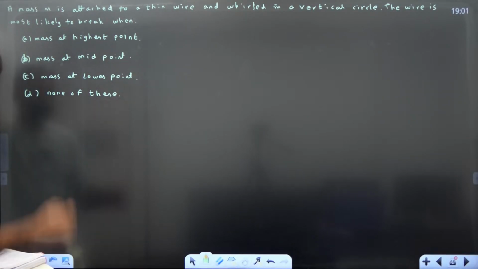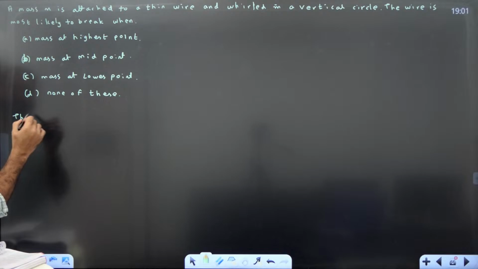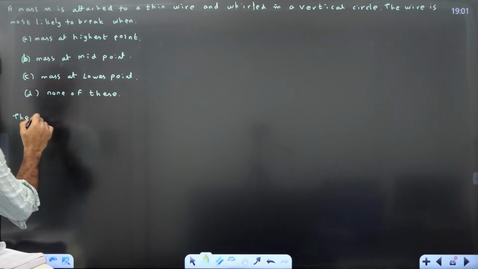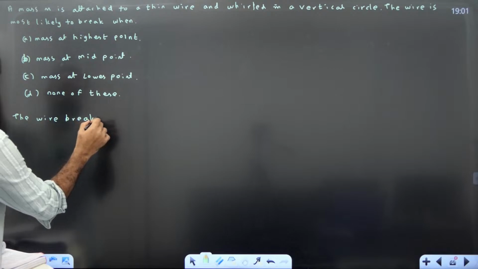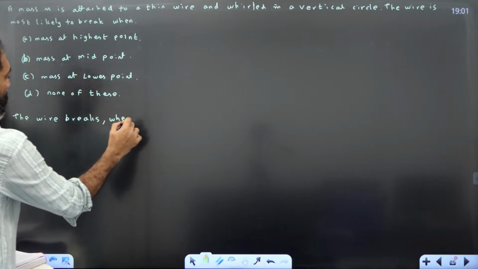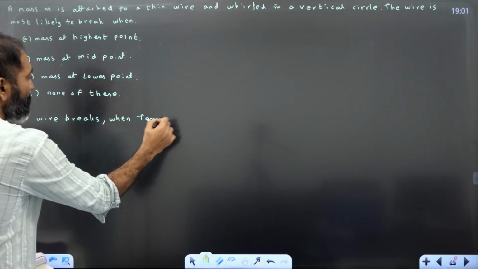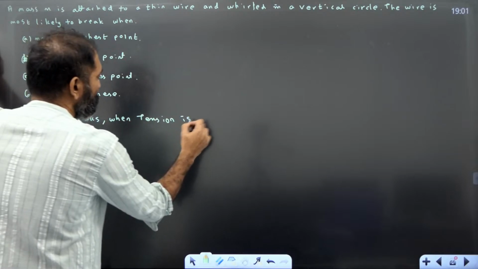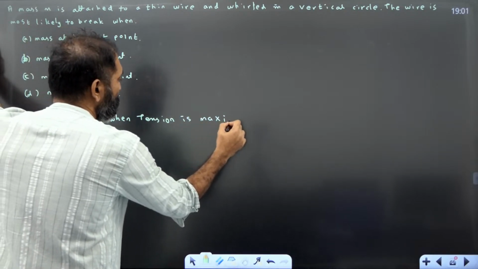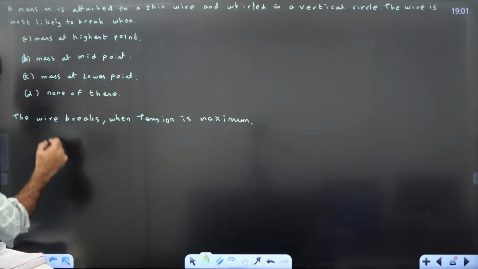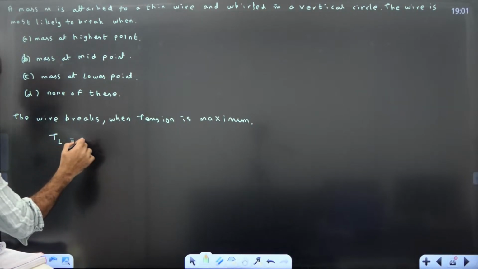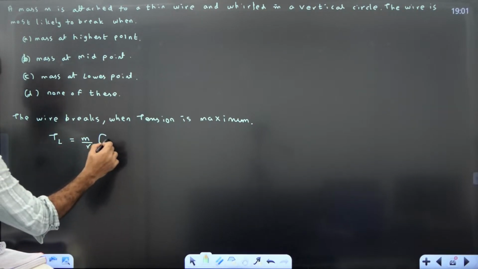Any idea? The wire breaks when tension is maximum. Tension at the lowest point is what? m/r into v square plus gr.